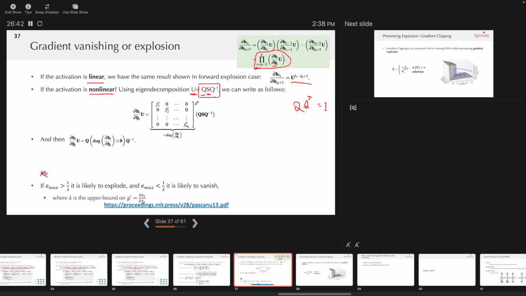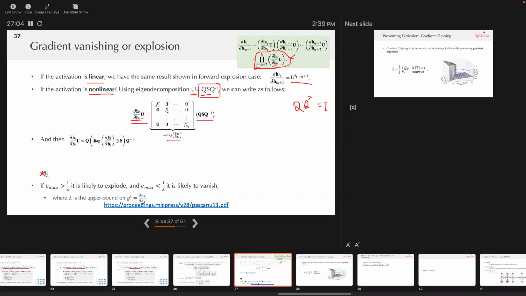And after you do this, in each term inside this product, you can rewrite it as the product of these. This is basically the same thing in the first term.